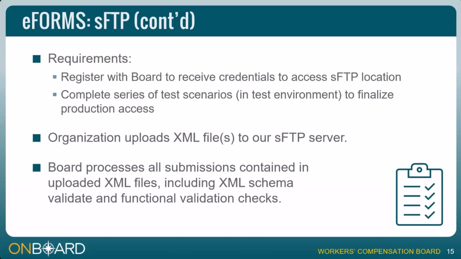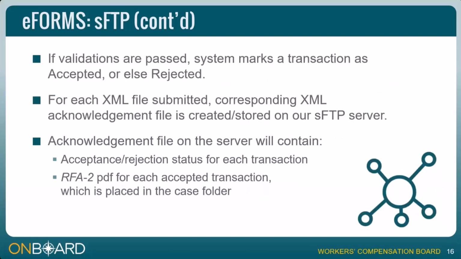The board will process all the submissions contained in the uploaded XML file, including XML schema validation and functional validation checks. The submitted transactions will be marked as accepted or rejected following validations.